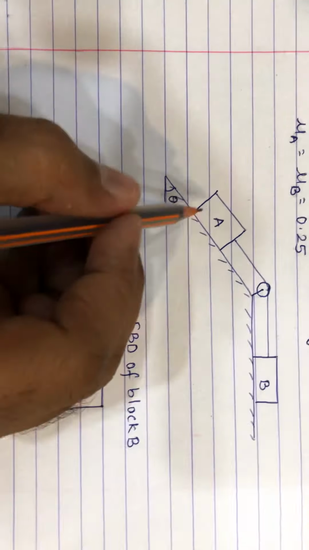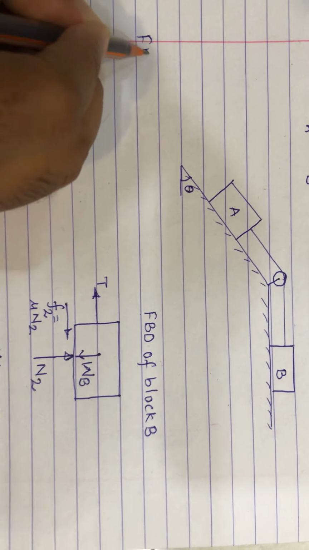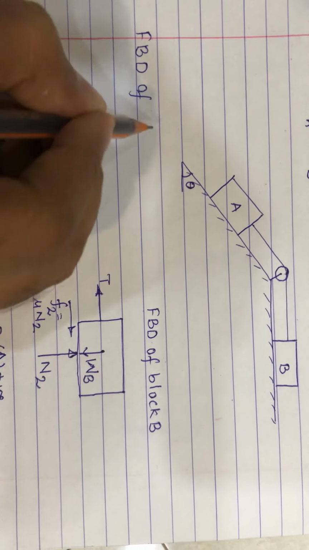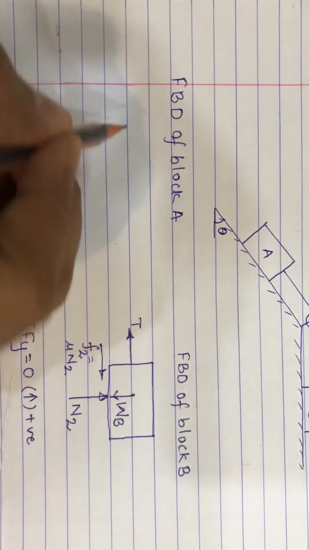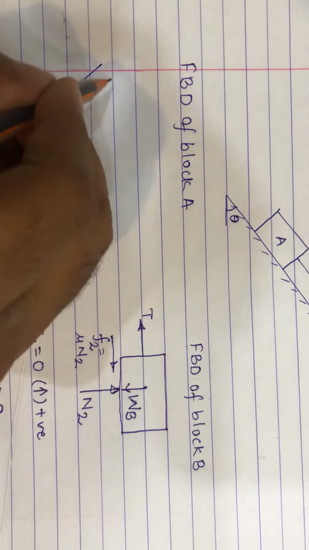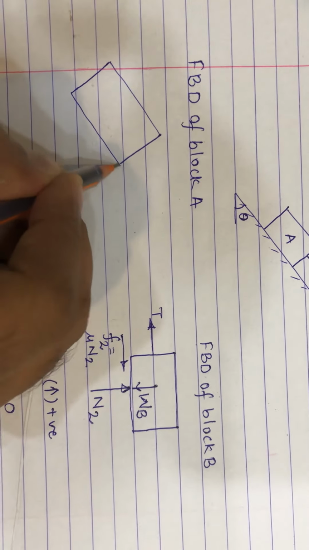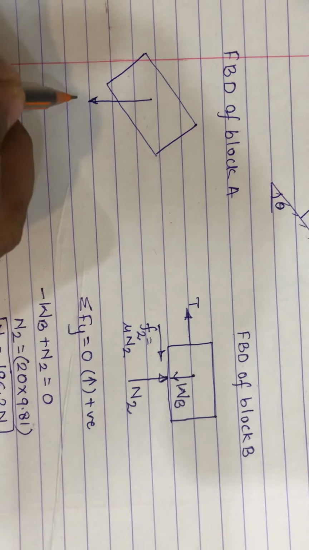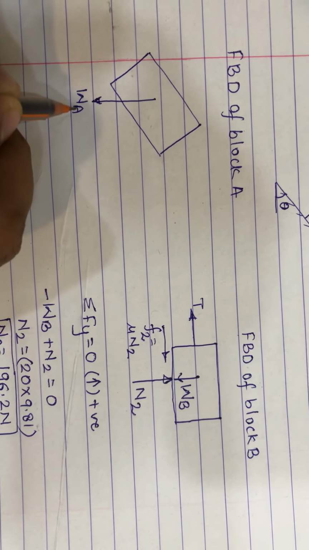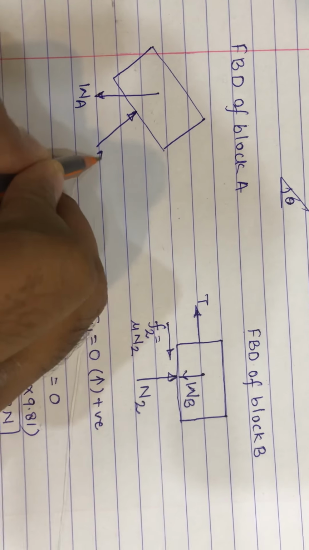Now we'll start with the second block's FBD, which is block A. The FBD of block A will be drawn inclined, as the block is kept on an incline. In this, the weight WA will act in the downward direction. There is a contact point, taken as N1.